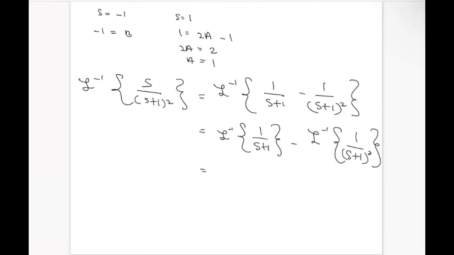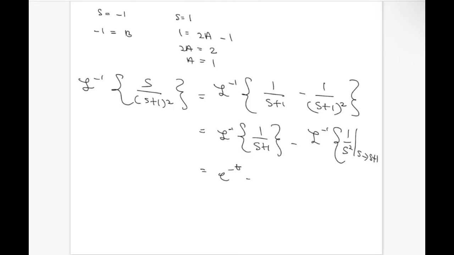So 1 over s plus 1 is exponent minus t. Let's write this way: 1 over s, where s is s plus 1.